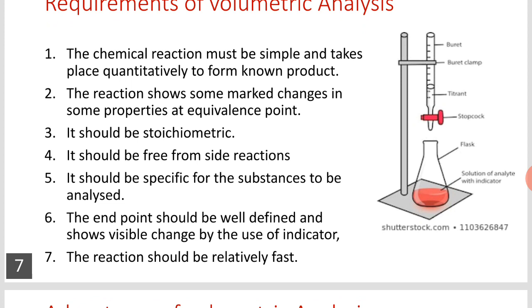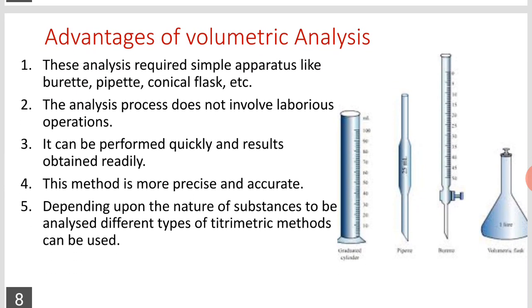It should be specific for the substance to be analyzed. The end point should be well defined and show a visible change, and the reaction should be relatively fast. Generally, these reactions are very fast. This is the advantage of this titration process, volumetric analysis.